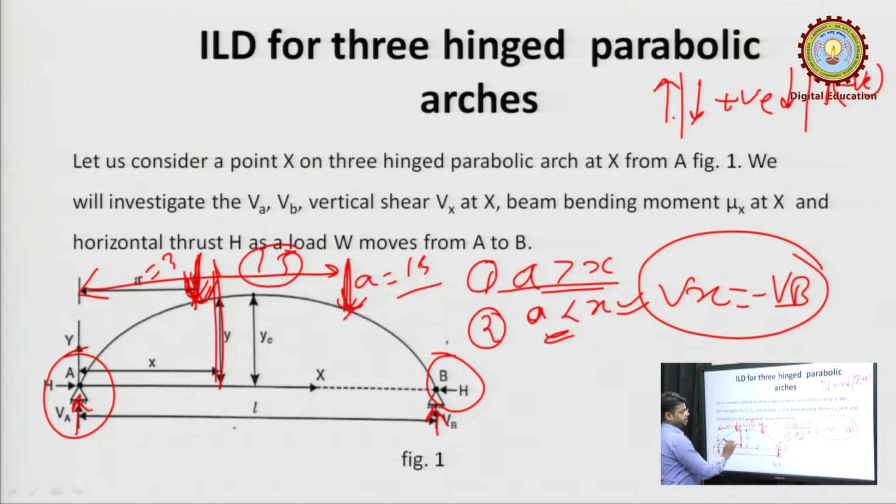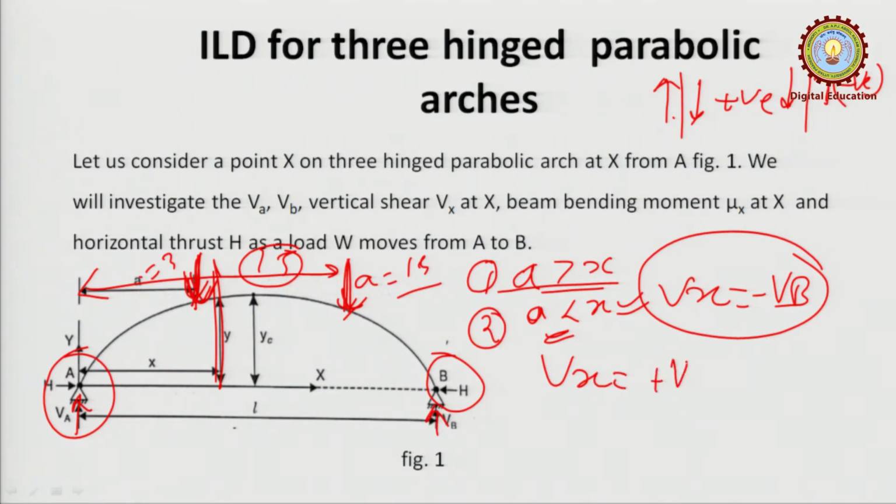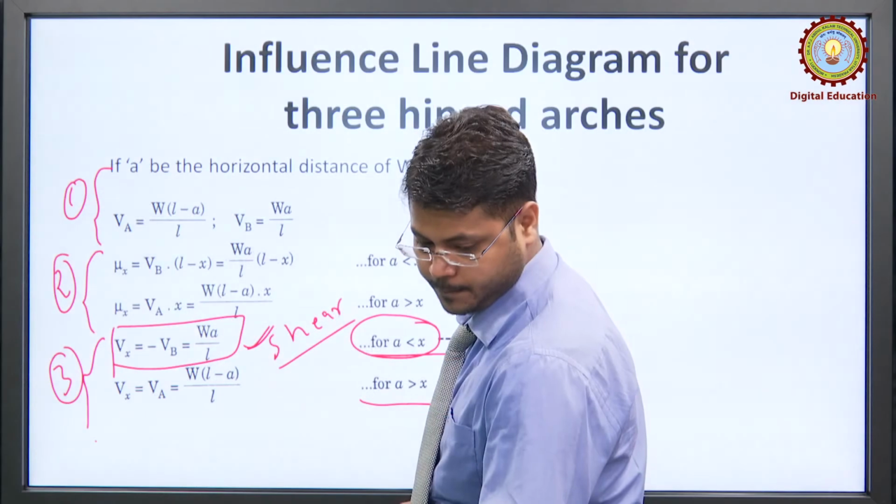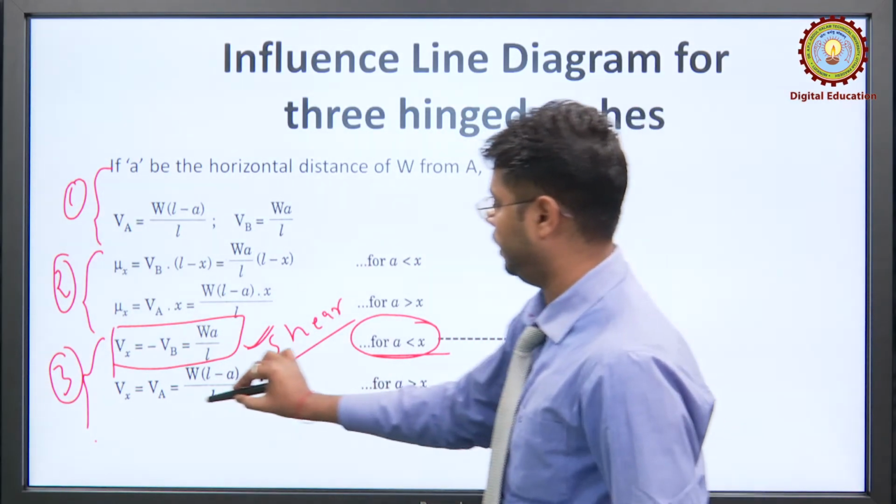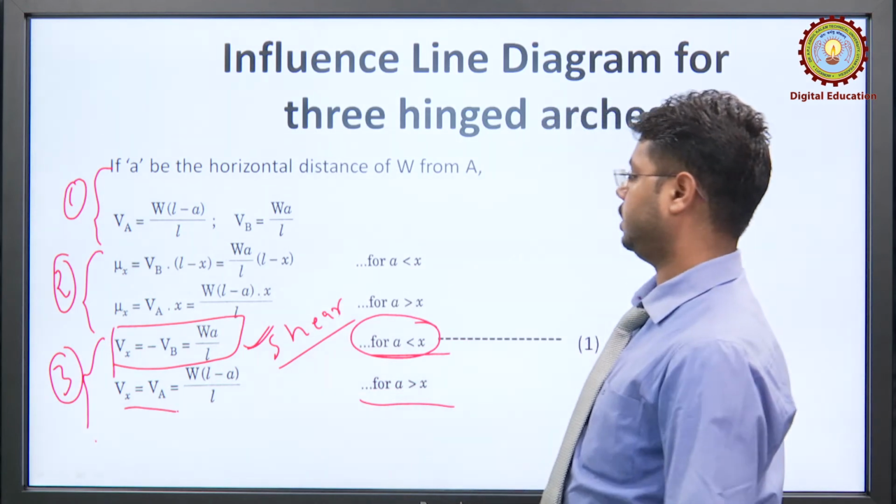That means the equation will become Vx equal to plus VA, because we are going to take the left side of the section. In the left side of the section, is force going upward or downward? Force is going upward. Because of this reason, we are going to take a positive sign. So you can see here, this is Vx equal to positive VA.